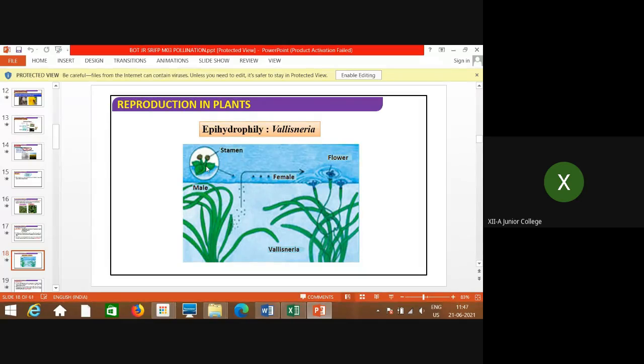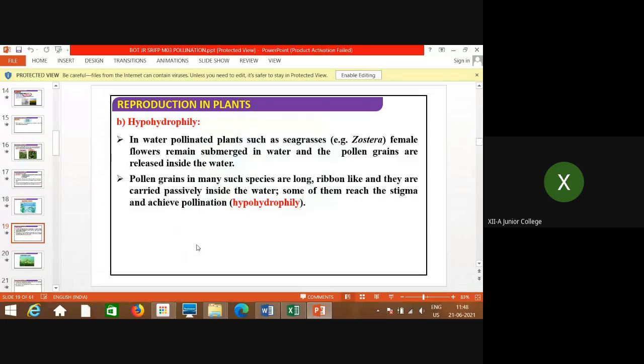These are the stamens on the surface, whereas the carpels or the female flower are submerged, but for receiving the pollen, the style, which is very long and coiled, uncoils and reaches the surface to receive the pollen grain. So very easily you can get this from epihydrophily in Vallisneria.